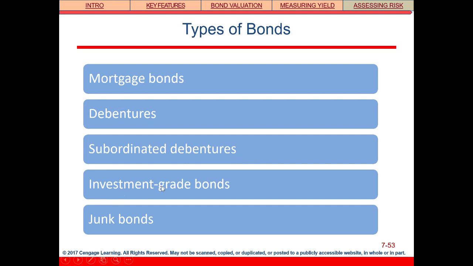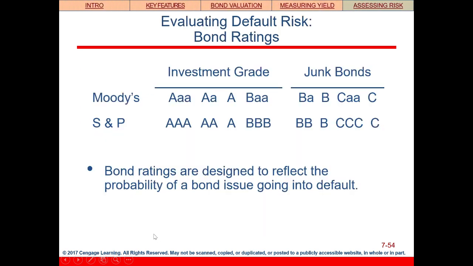And then investment grade bonds and junk bonds. So what is investment grade? That's basically for those bonds with higher credit ratings. So how high is higher? Basically, we use BBB or Baa as the last rating for investment grade. Any bond with a rating below this is called a junk bond. That's based on Moody's and S&P credit ratings.